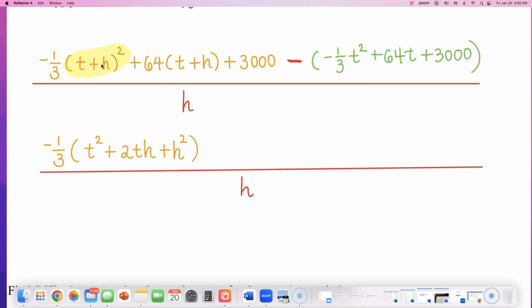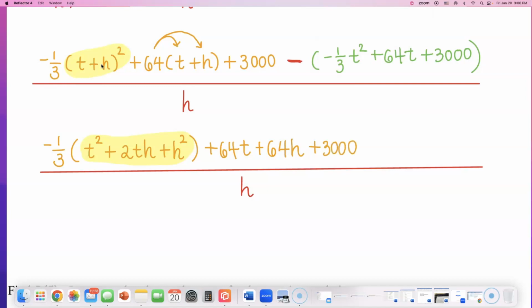So that expansion of a binomial squared keeps coming back, so it's easy if we just get it memorized. Let's distribute this 64 to t and h. That is 64t plus 64h. Now bring this 3,000 down, plus 3,000.